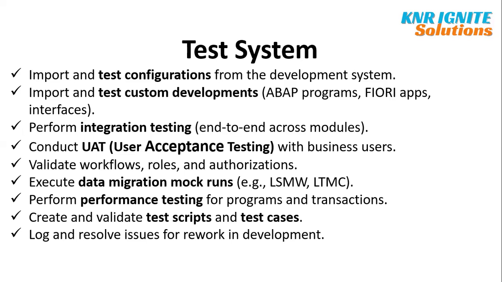Once all these testing activities are done, you need to make sure all the configurations we have tested are approved in the form of transport requests. All the transports are approved by your business users and also your manager of the implementation partner. Only then do you move that to your production system.